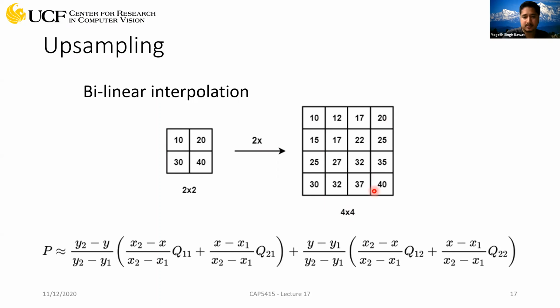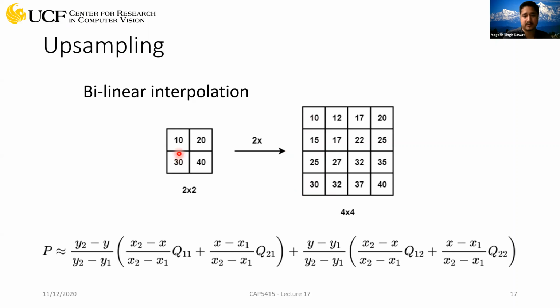These four pixel locations go in the corners: 10, 20, 30, 40. The upsampling is performed in the intermediate pixel locations, and to find these values we simply perform bilinear interpolation of the corner values.